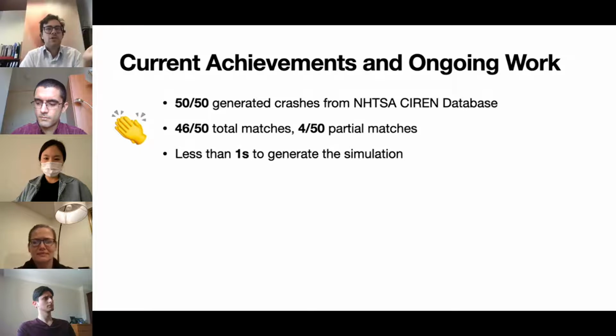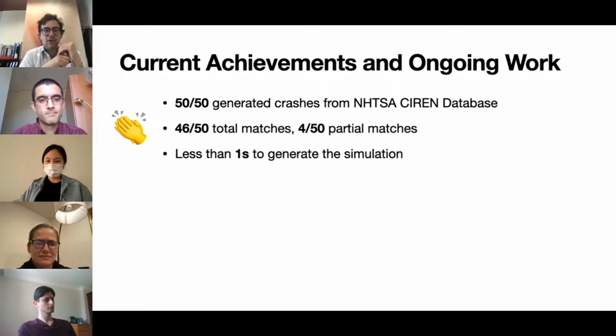Then we managed to always create simulations that result in an impact, though most of them are actually perfectly matching the input, meaning that the parts that are damaged on the car are indeed the same that are going to be damaged during the simulations. And a nice thing is that it's very efficient. So image processing is not time consuming in this specific context. In less than a second, we can generate one of these simulations.